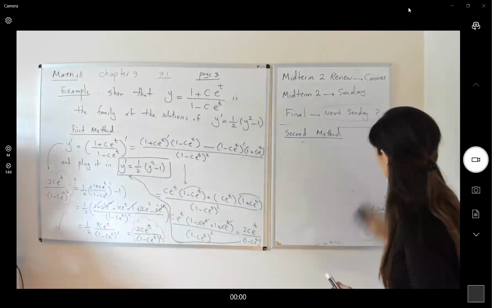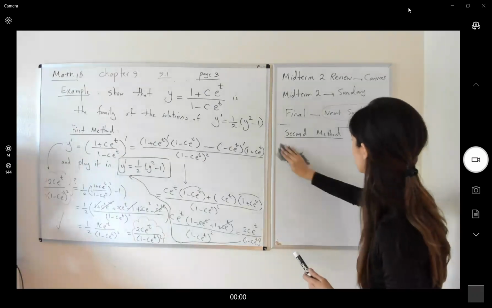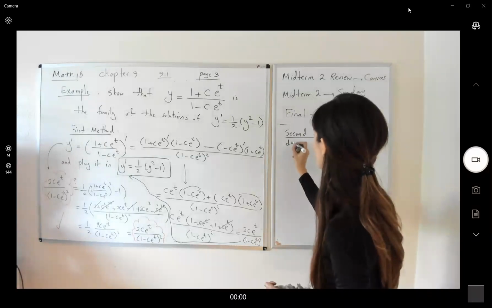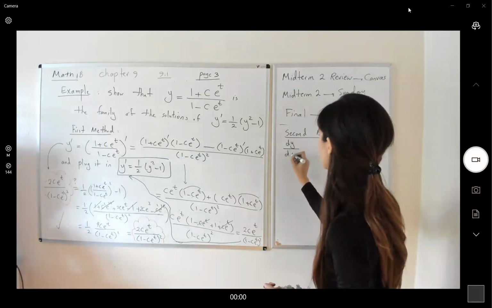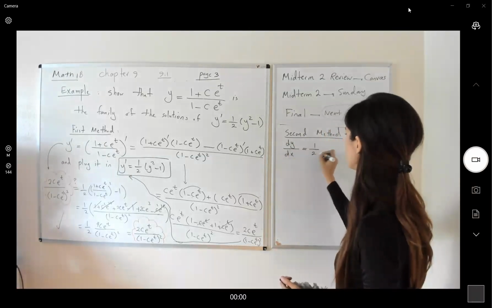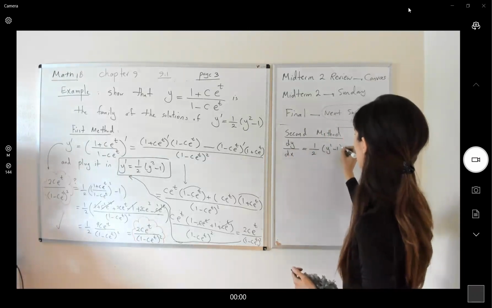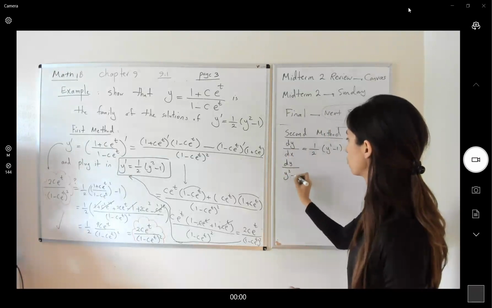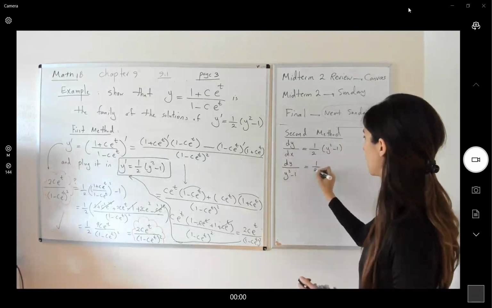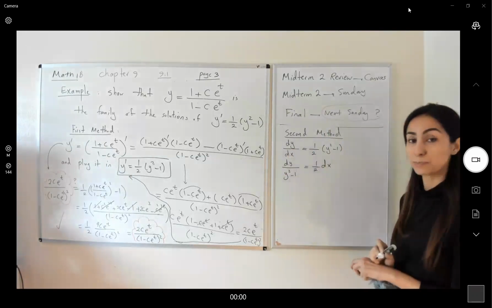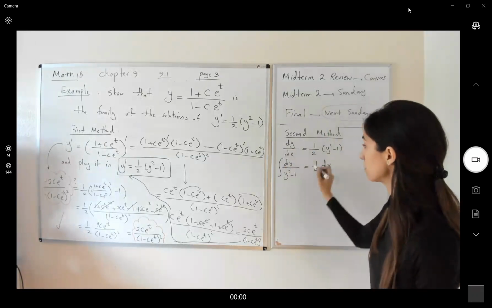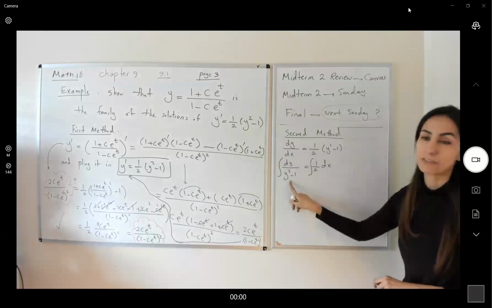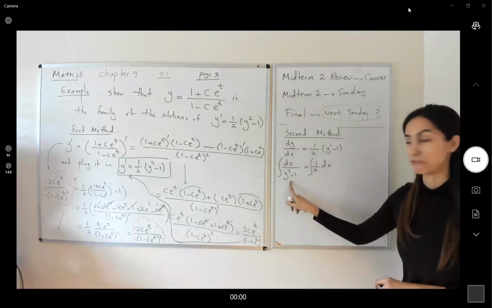Our second method is just solving this differential equation directly. Here you have dy over dx, which is equal to a half y squared minus 1. So you have dy over y squared minus 1 equals a half dx. So the integral on the left-hand side is equal to the integral on the right-hand side. For the left-hand side, you have to use partial fractions.